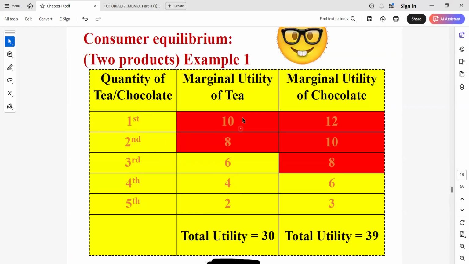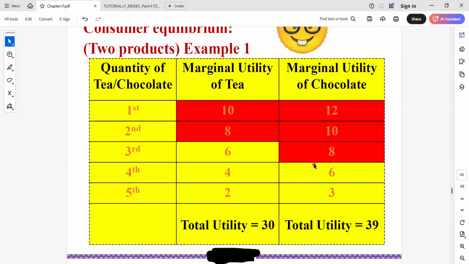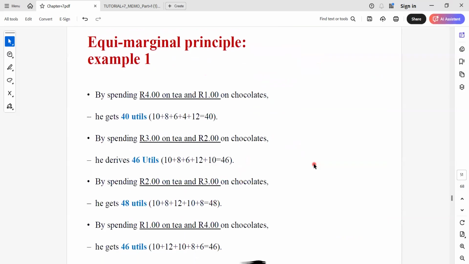So let me just calculate here to say, plus 12 plus 10 plus 8, you get 48. So if he purchases 2 tea and 3 chocolates, his total utility is going to be 10 plus 8 plus 12 plus 10 plus 8, which is going to get him 48.